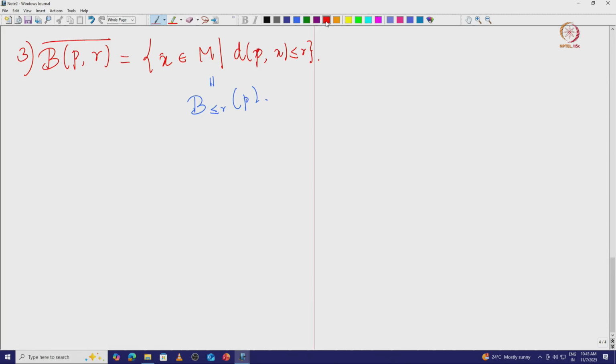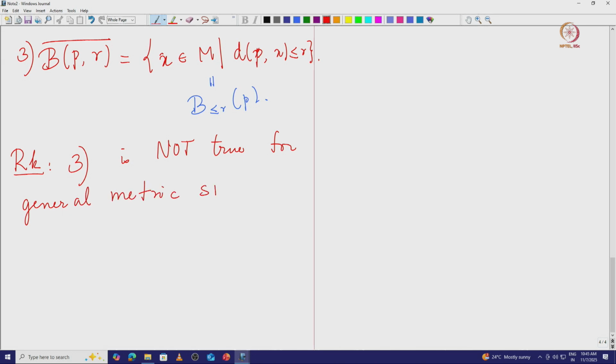Just a quick remark: the third property is not true for general metric spaces. It's a nice, fun exercise to come up with examples. A hint is that you can just take the discrete metric.